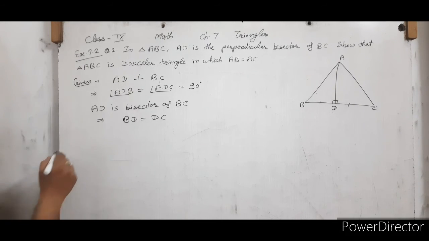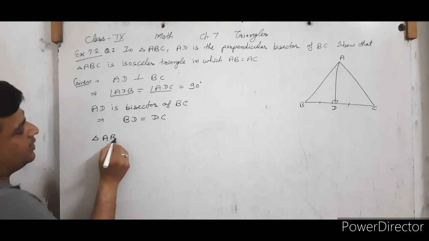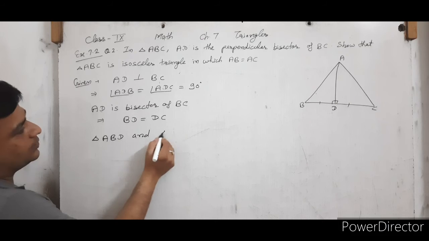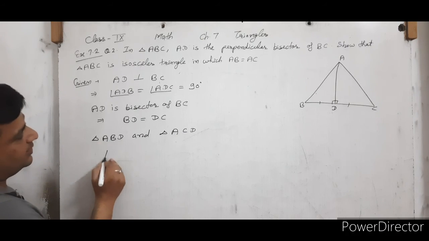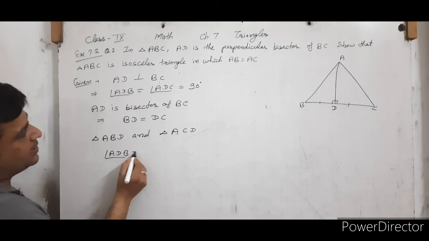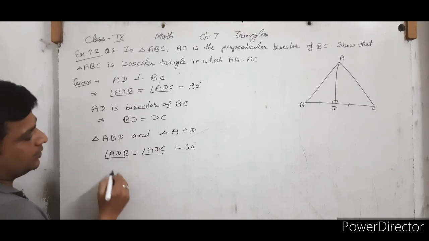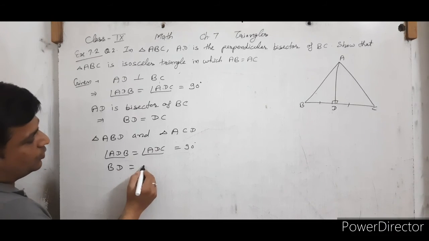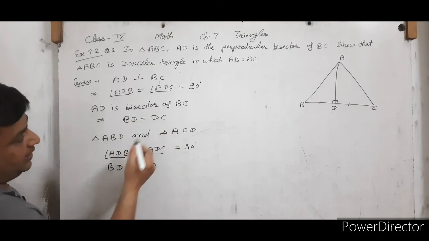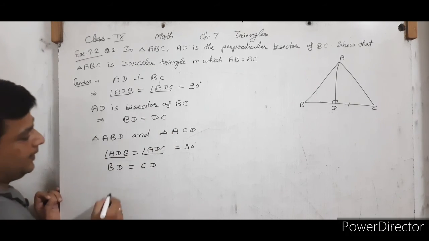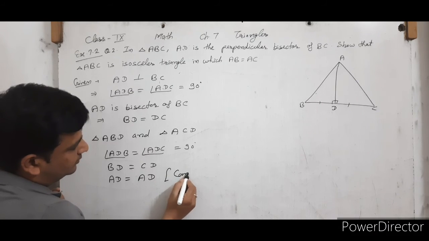To prove that part, take triangle ABD and triangle ACD. In these two triangles, it's already given that angle ADB is equal to angle ADC, that is 90 degrees. BD is equal to CD because AD is the bisector of BC, and AD is equal to AD, a common side.